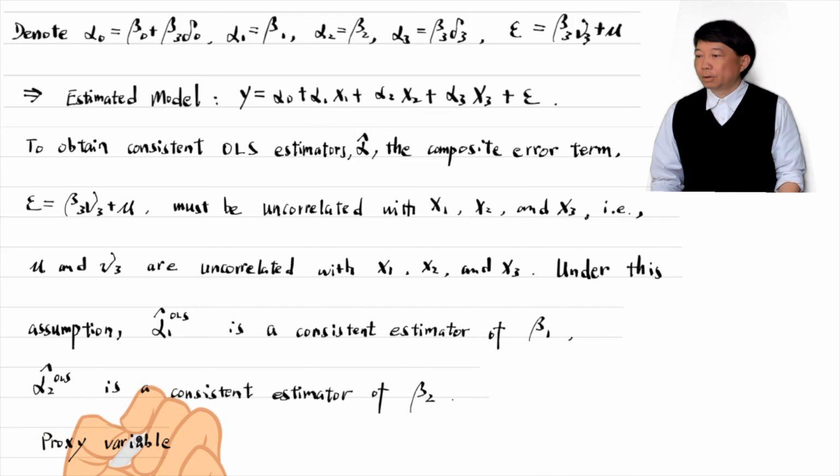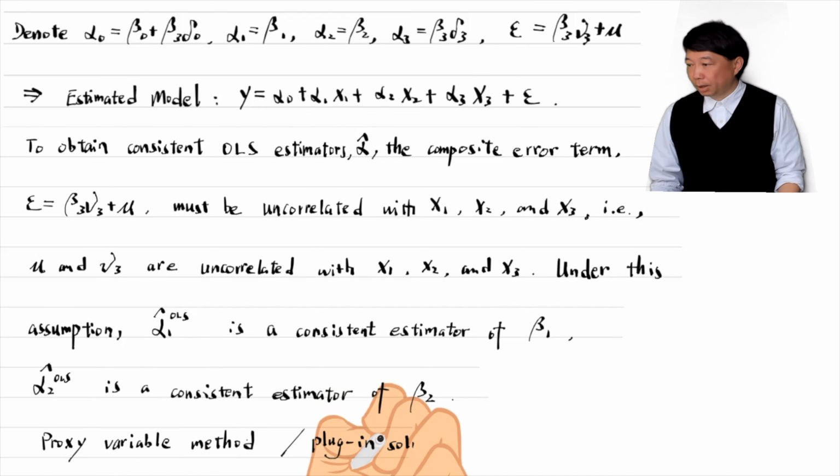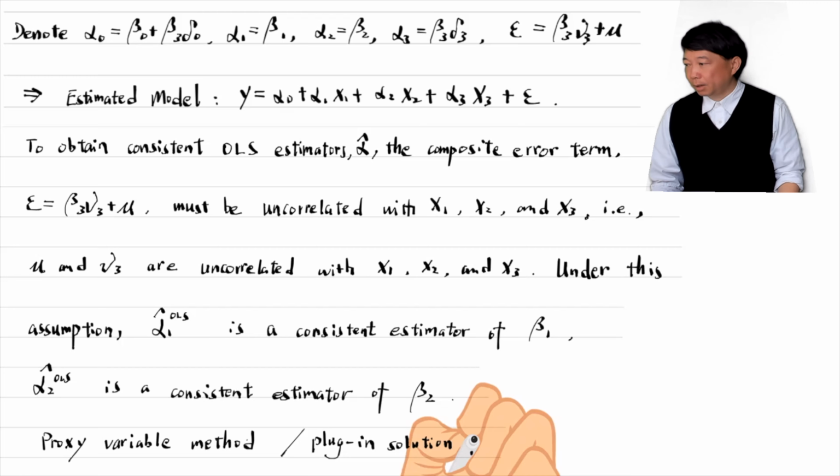This method is known as the proxy variable method, or the plug-in solution to the omitted variable bias. The idea behind the proxy variable method is that we hope the proxy variable represents the variation in the omitted variable.